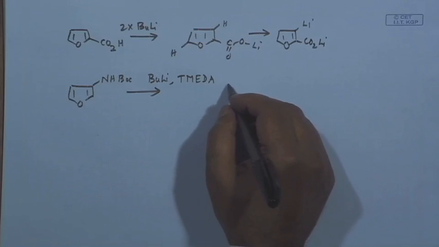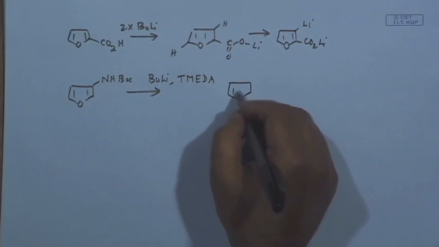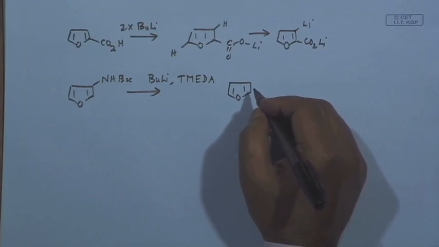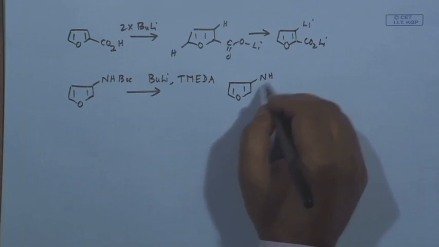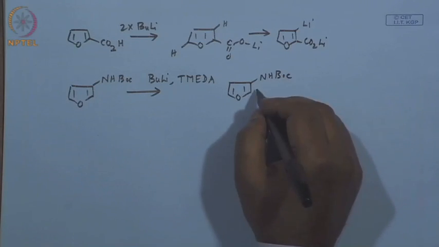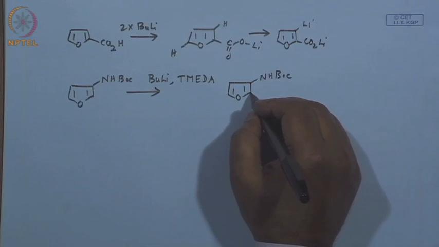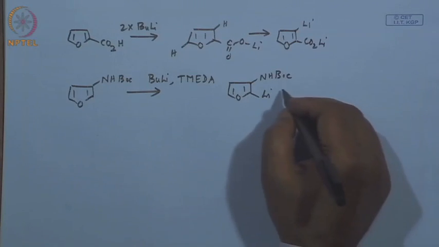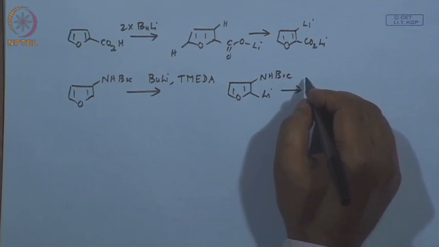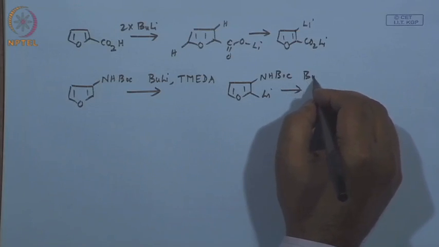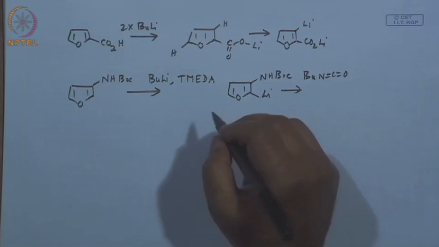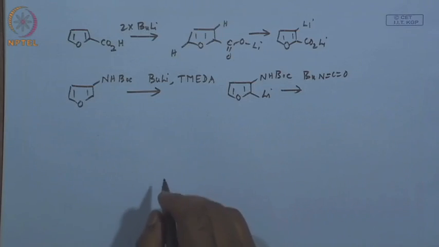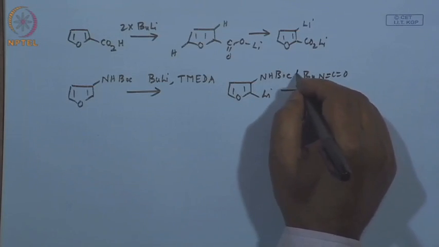Okay. And so, in this case it is an amide group, and the product obviously is now a directed lithiation. That means, the NH is directing the lithiation, not the acidity of this. Okay. And in this example, it has been reacted with an isocyanate, tertiary butyl isocyanate, because it is pretty reactive.